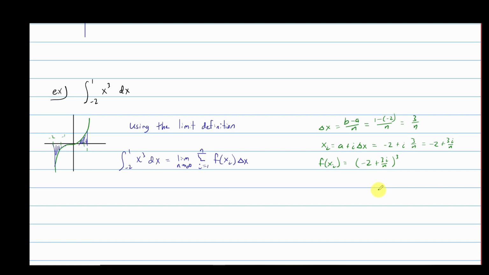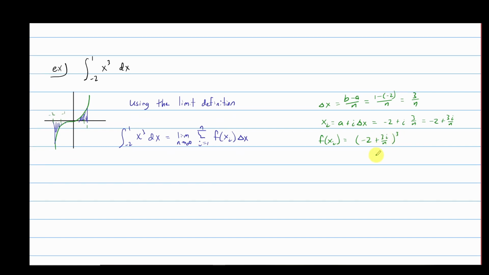I'm going to, over here on the side, work out what this is. I'm going to go ahead and FOIL that out, or expand that out. You could do this quickly if you're familiar with the binomial theorem, but since most of you probably aren't fresh on the binomial theorem, we'll do this the long way. I write out -2 plus 3i over n.